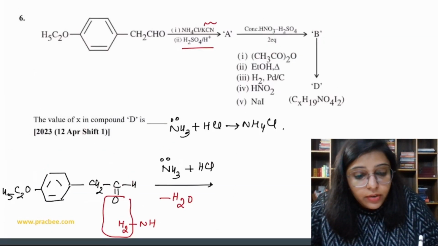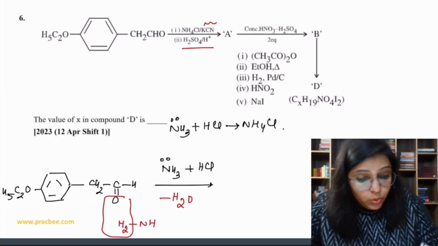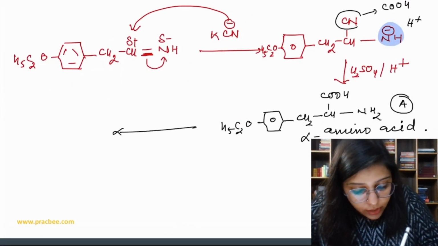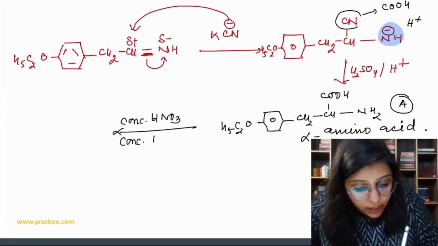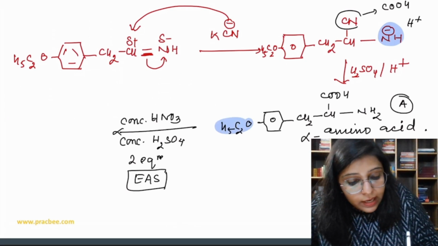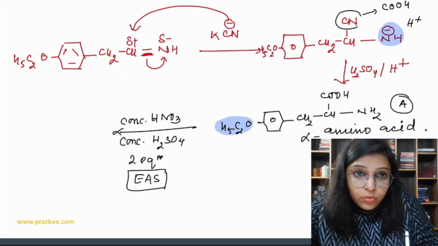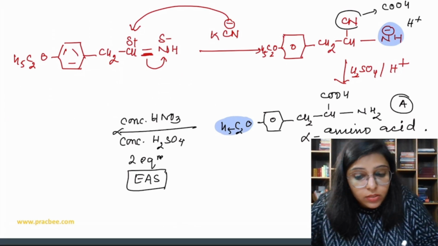Now we have concentrated HNO3 and concentrated H2SO4, two equivalent. So this shows electrophilic aromatic substitution. So this is an electron releasing group. So we are going to do electrophilic aromatic substitution with respect to this.